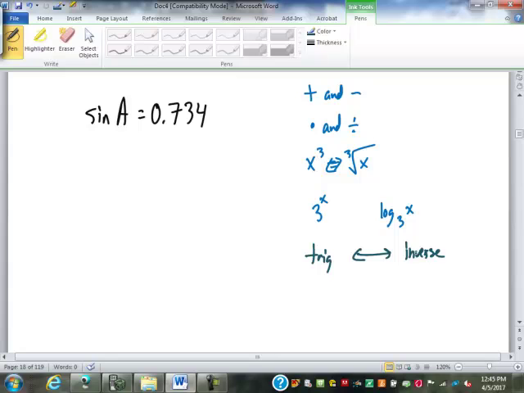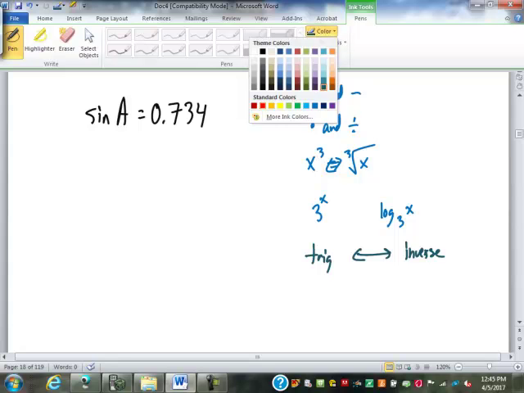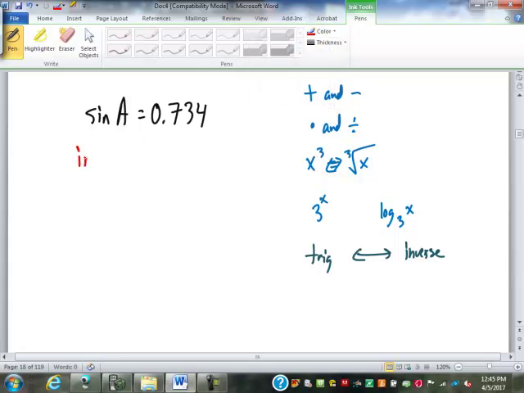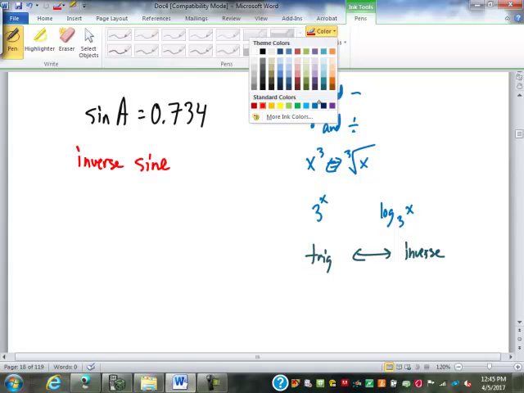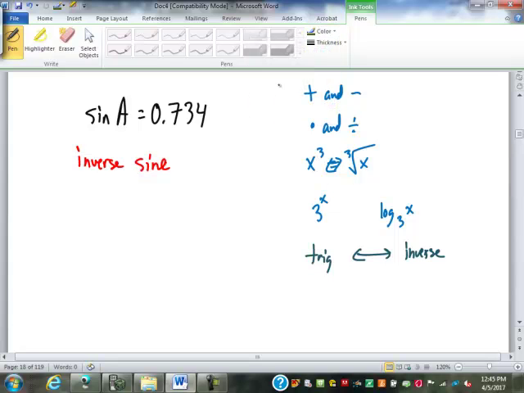So for sine, the inverse of sine is the inverse sine. The inverse sine can be expressed in a few different ways. We can either write out just INV-SIN for inverse sine.